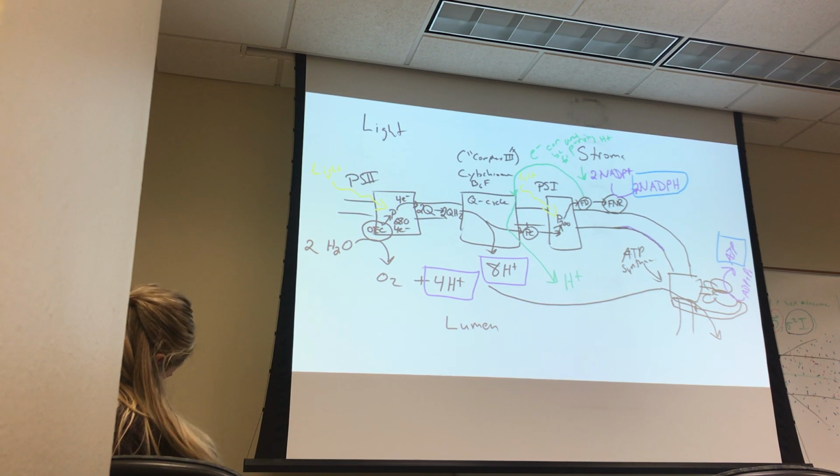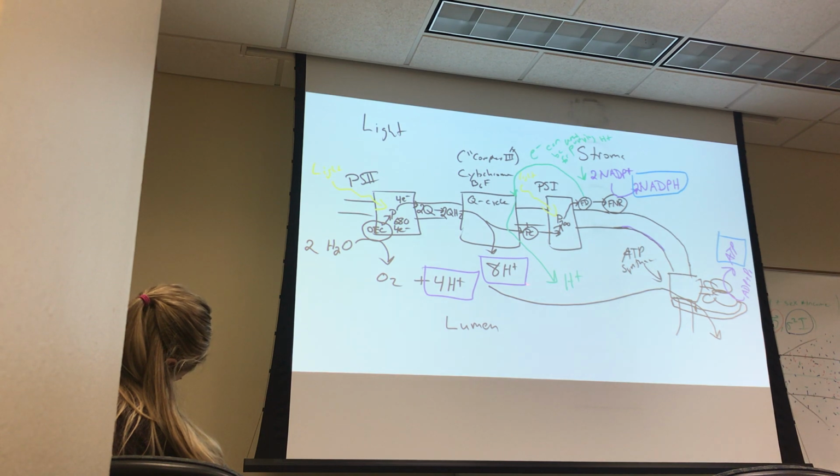And that was a way of, if we lack these reduced cofactors because we have so much, we can still make the lumen have a very low pH, and it will be used to make ATP.